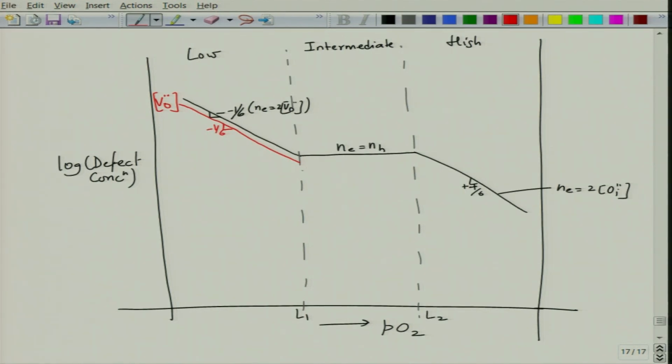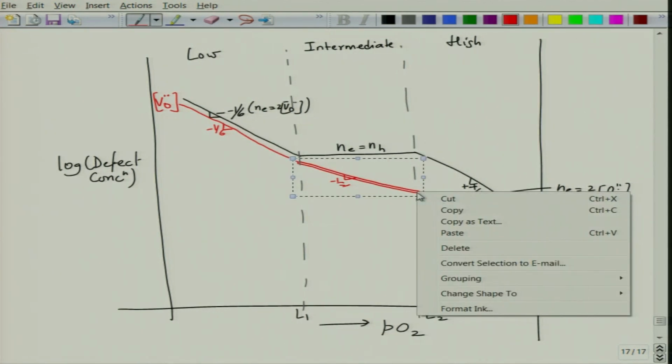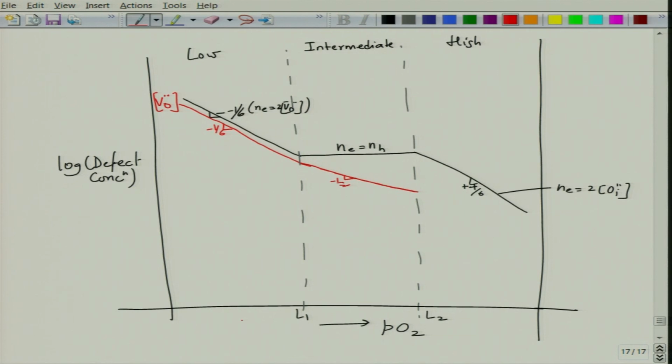It will go as half, so the slope will be something like this. So this is minus half, and then again it comes down to minus 1 over 6.